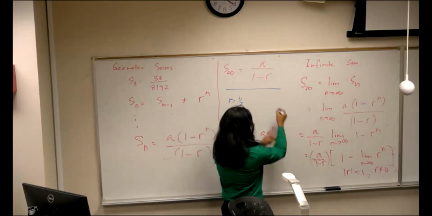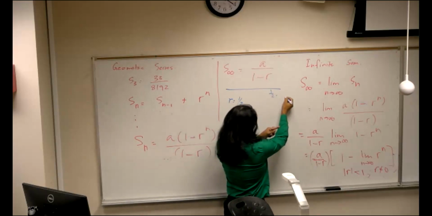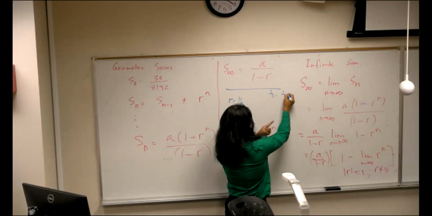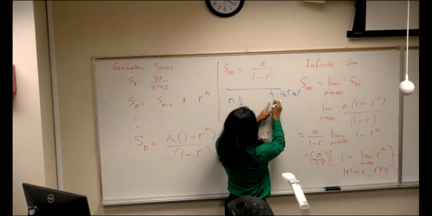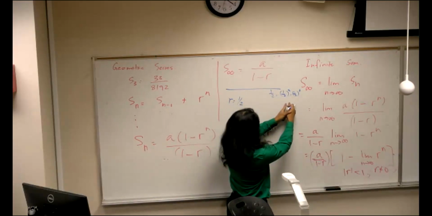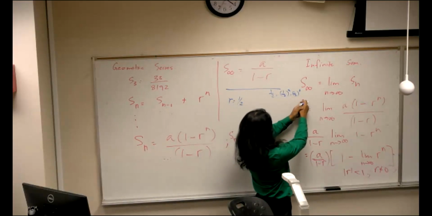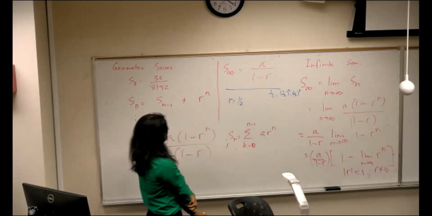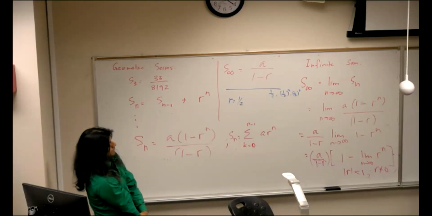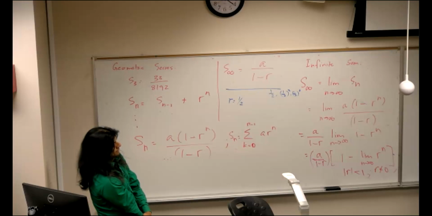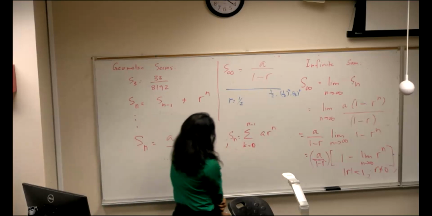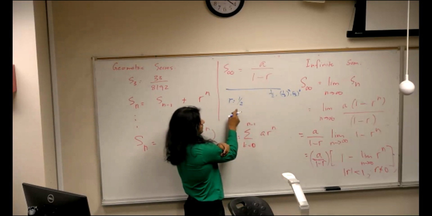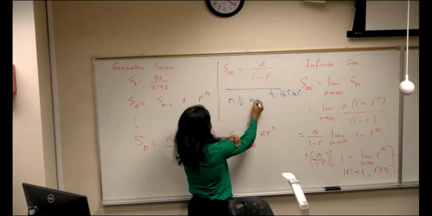Because I'm starting with 1/2, 1/2 becomes 1/2 squared, 1/2 cubed, yes. So a r raised 0, a r raised 1, a r raised 2. Good. A is 1/2.